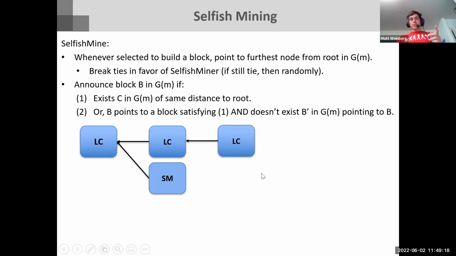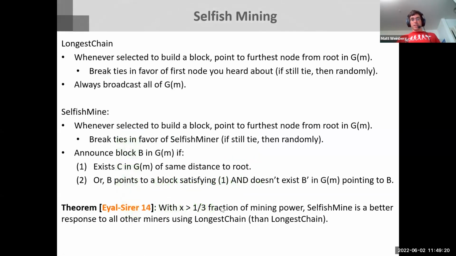So if you change the protocol to ask everyone to tie break randomly, this 1/3 number becomes 1/4. That's another number that happened to be cleaner to remember from their paper: if instead of tie breaking against you, tie breaking is done randomly, then you need 25% in order for this attack to be strictly profitable.